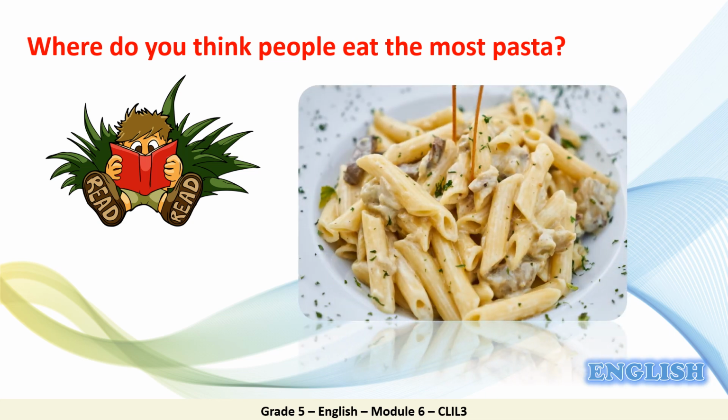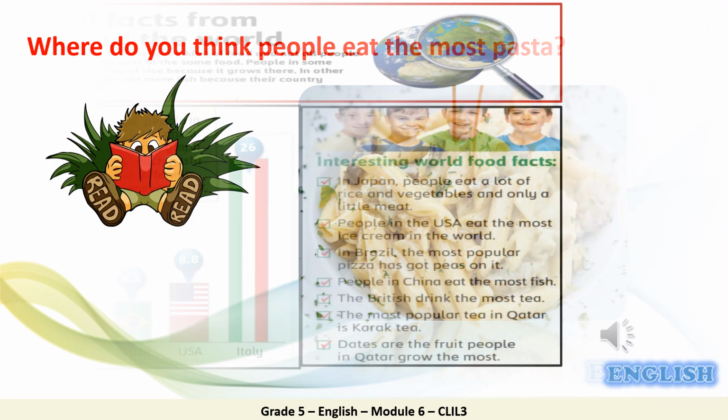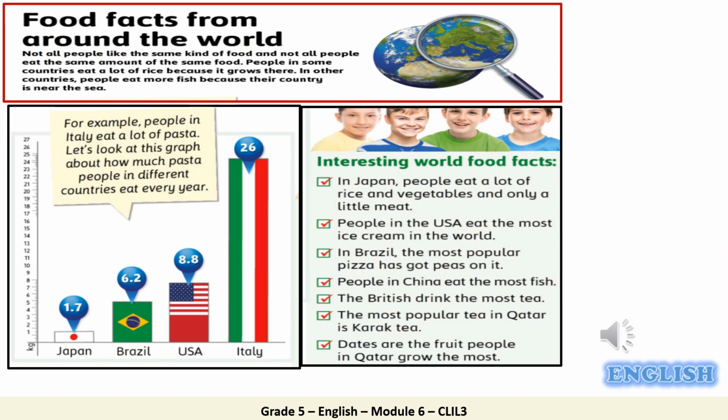Where do you think people eat the most pasta? Let's read together and try to answer this question. Number 2. Where do you think people eat the most pasta? Read. Food facts from around the world.